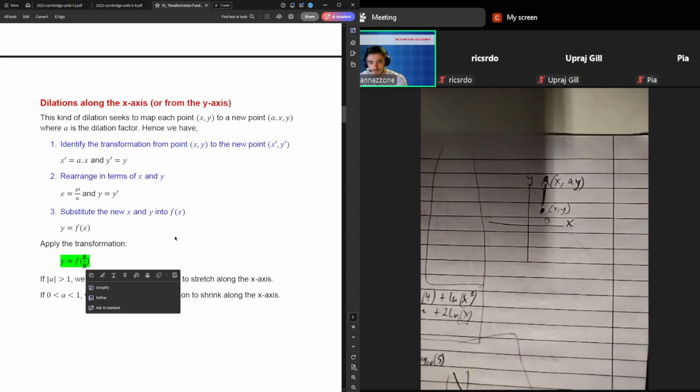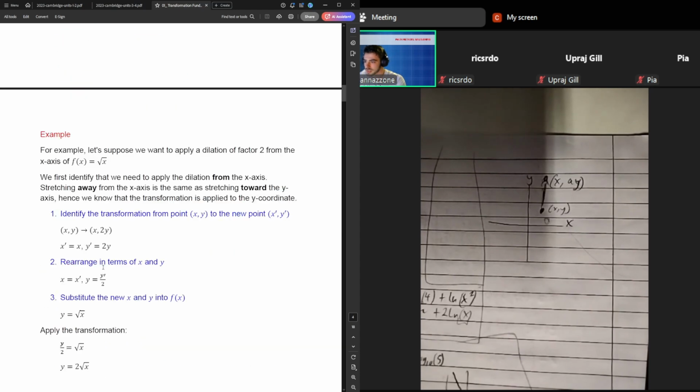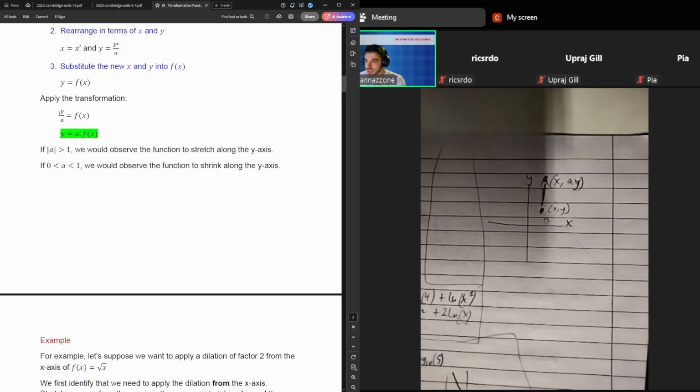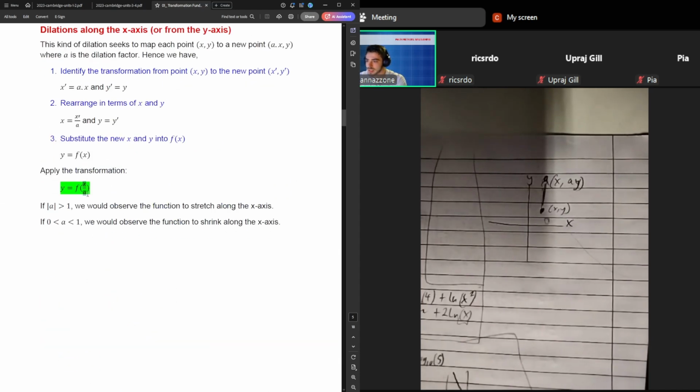If we compare the differences here, this dilation factor of a ends up appearing as a division, whereas the other one ends up appearing as a multiplication. Bit weird. If you've seen anything like this before, hopefully this 3-step process sheds some light as to why they appear a little bit different. The main reason is we want to get y on its own for functions. That's why it flips. Whereas for x, it remains as a division.